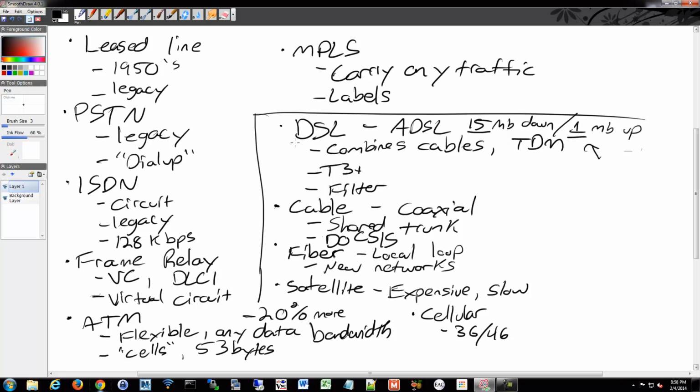And then regarding all of these kinds of connections, you can run this, which I love, over all of these public options to give you the functionality of all these private wide area network options. You can run a virtual private network, a VPN. You've probably heard that term before at least once. So what you can do is run a VPN over a public network, and while you don't have the sort of quality of service and subscriber agreement that you do with a wide area network that you've leased, it is much, much cheaper.